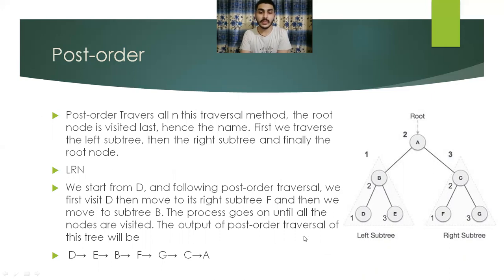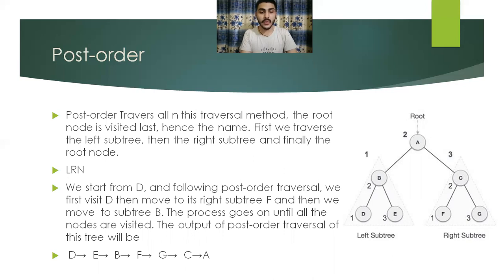We start from D, and following post-order traversal we first visit D, then move to its right subtree F. Okay. And then we move to subtree B. The process goes on until all the nodes are visited.